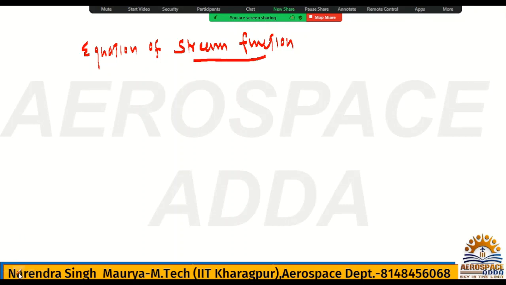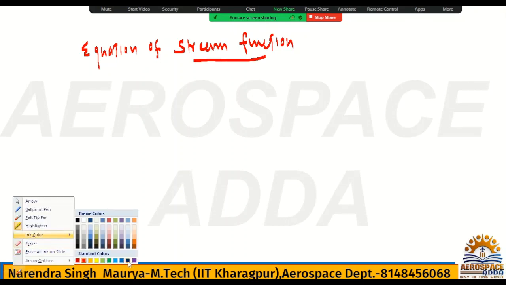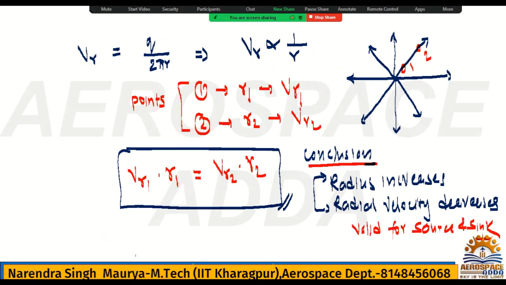This is our main equation: Q upon 2 pi r, where r is the radius and vr is the radial velocity.